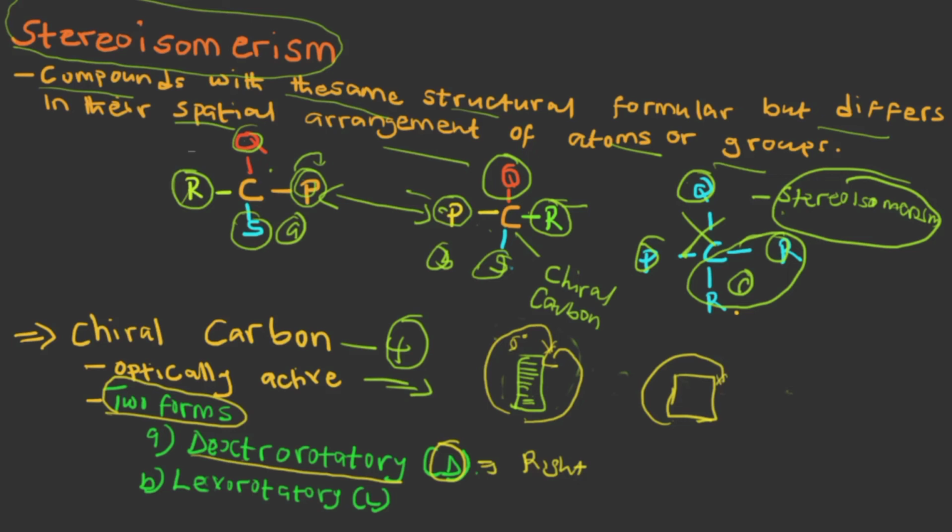The second group is called levorotatory, shortened as L, stereoisomers, right? And these rotate the plane polarized light to the left. So this is basically what stereoisomerism is. We have two stereoisomers, either D or L.